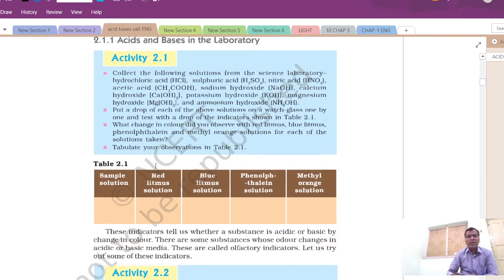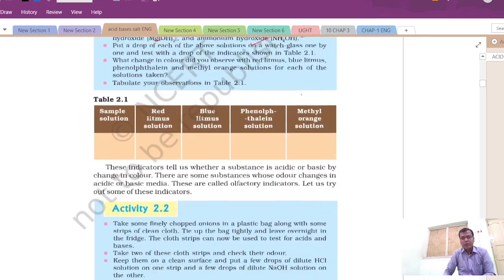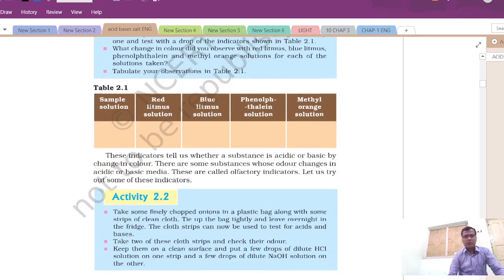If you collect samples from the lab of acids such as hydrochloric acid, sulfuric acid, nitric acid, and bases such as calcium hydroxide, potassium hydroxide, magnesium hydroxide and ammonium hydroxide, and if you treat them with a solution of blue litmus, phenolphthalein or methyl orange, its color will change.